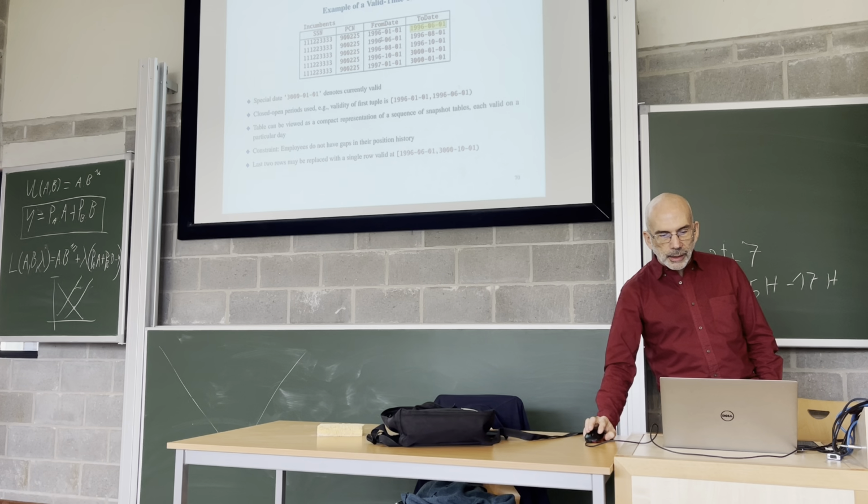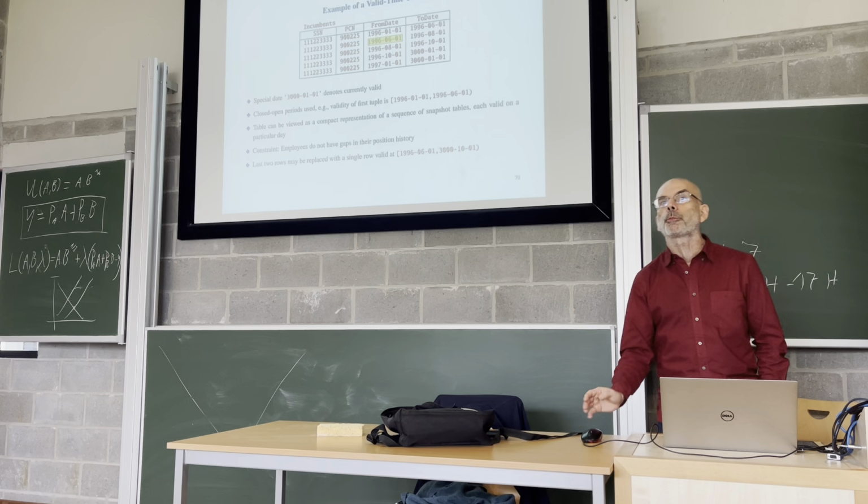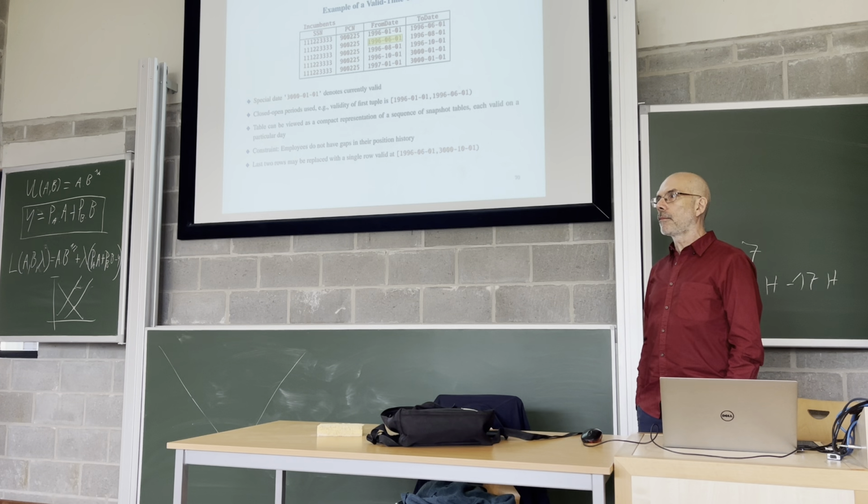So in this sense, since this is open and this is closed, by simple SQL analysis, when this value is equal to this value, we can say what is the next position of this employee. Okay?